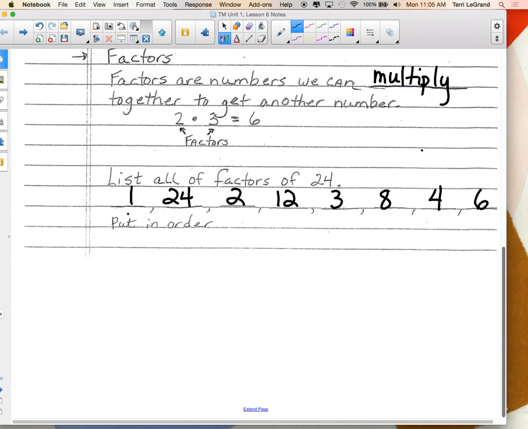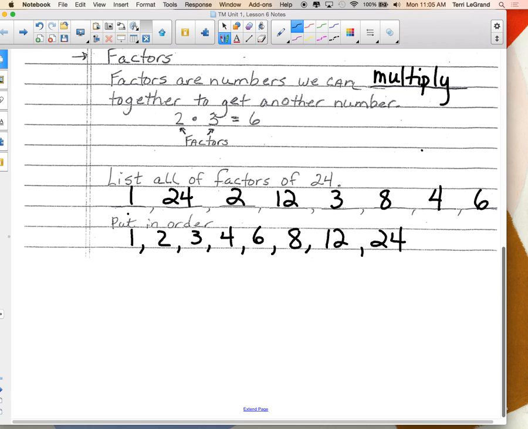So first in our list is going to be 1, 2, 3, 4, 6, 8, 12, 24. We don't want to leave any of them out, so let's go back and count.